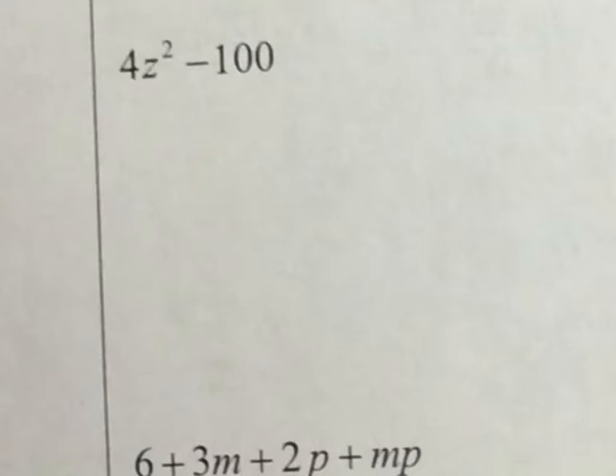Christian and Tristan, is there a common factor in 4z squared and negative 100? 4. Okay, let's take a 4 out. 4 out of 4z squared is going to leave z squared. 4 out of 100 is going to leave 25.